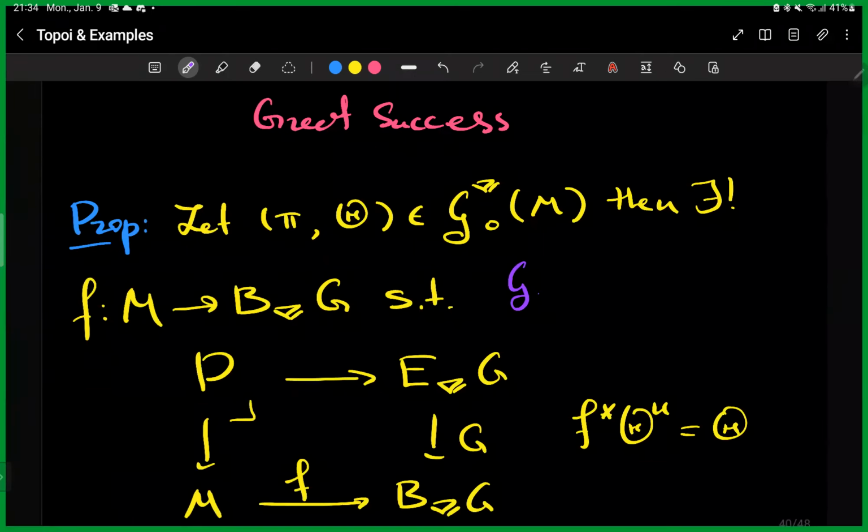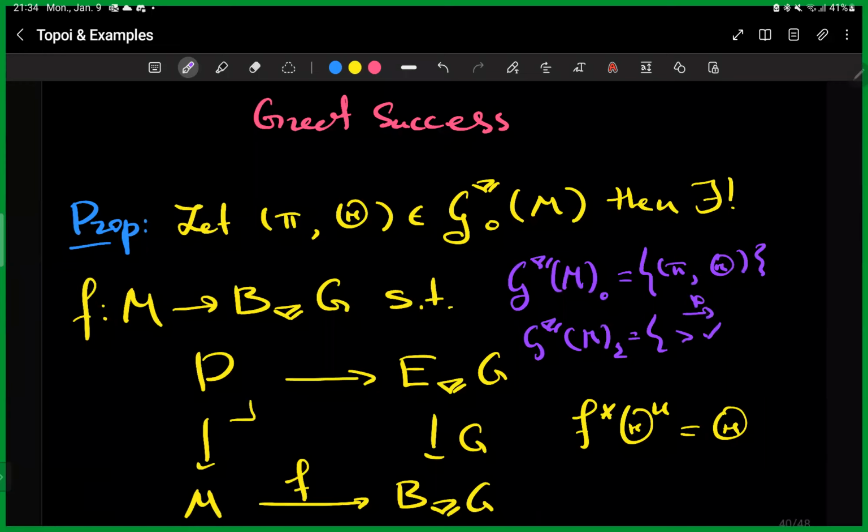So we just say that objects are pairs E, theta, and morphisms are maps which preserve our connection. But you said that this is some simplicial object.